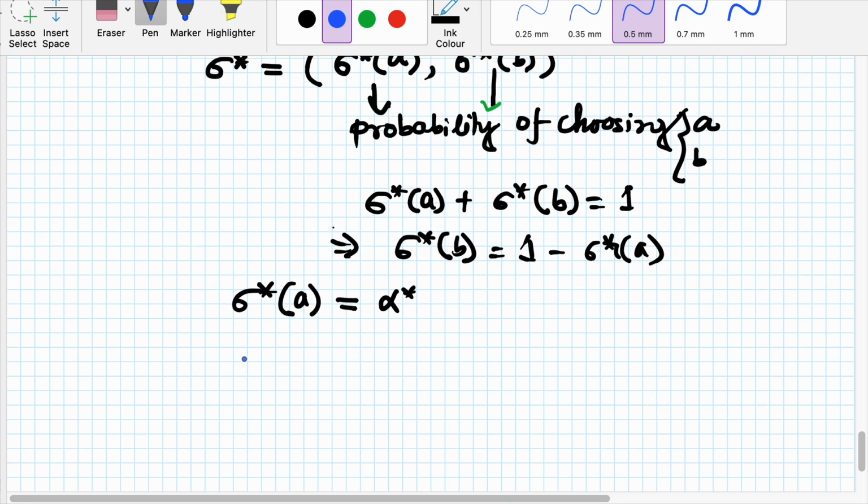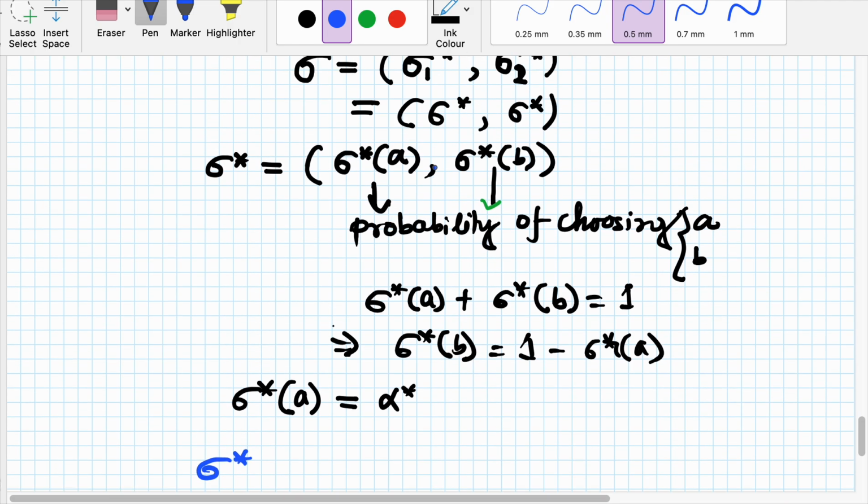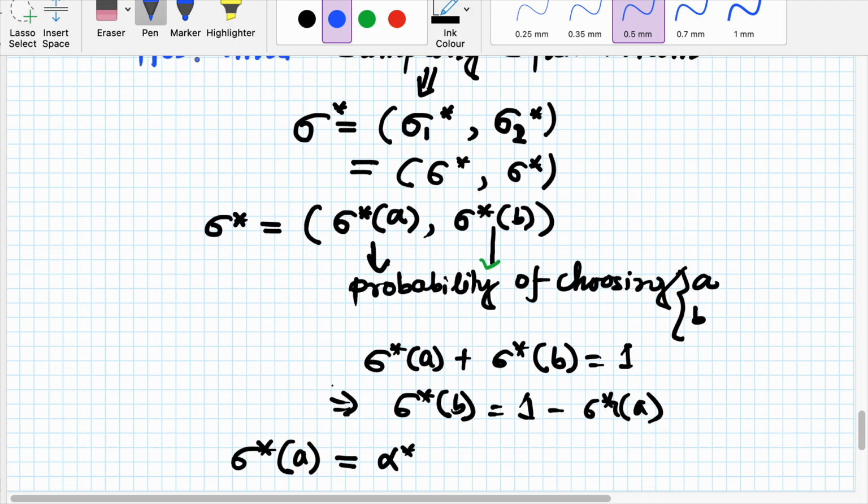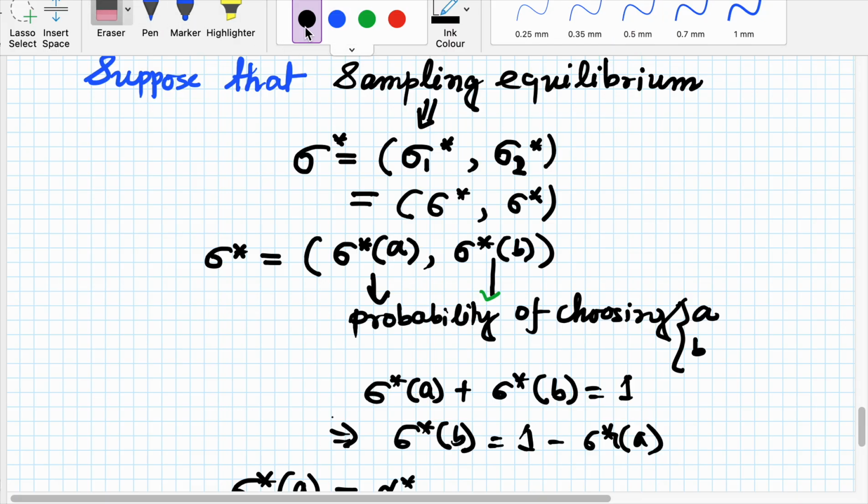So one can write the strategy sigma star corresponding to, okay, here there is a symbolic problem, so let me write sigma tilde. Why am I changing to sigma tilde?